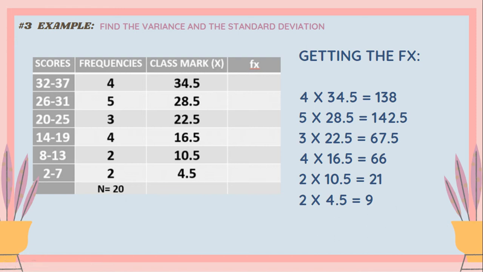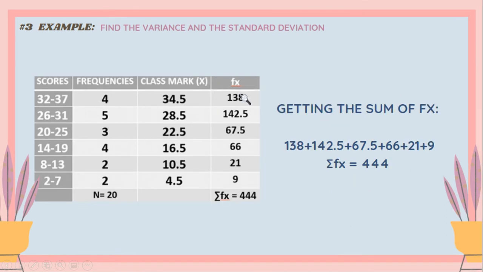And then solve for the fx. So you need to multiply the frequencies and the class mark. So 4 times 34.5 is equal to 138. Then 5 times 28.5 is equal to 142.5. Then 3 times 22.5 is equal to 67.5. And then so on. You just need to remember that for getting the fx, you need to multiply the frequencies and the class mark.